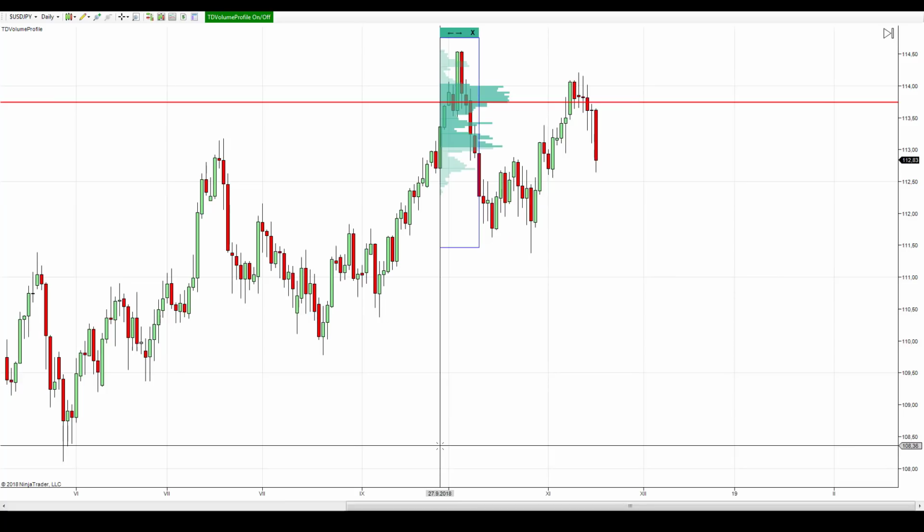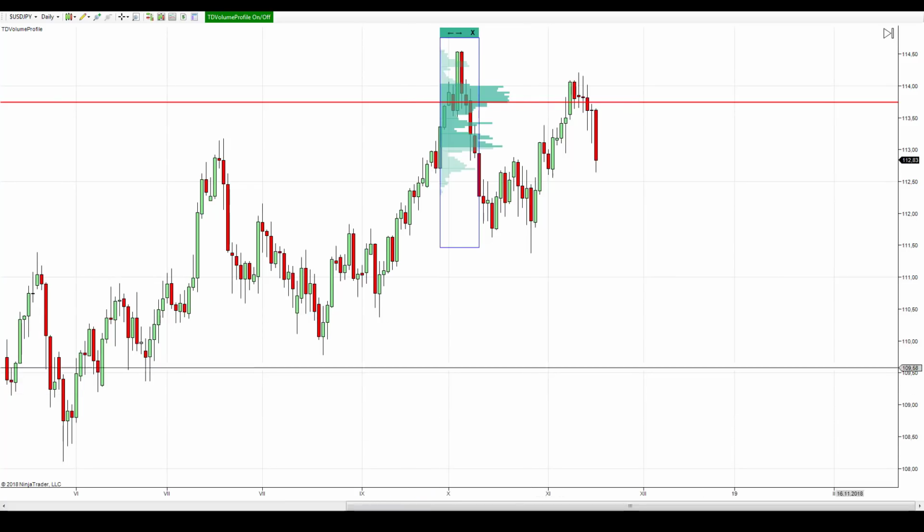And also I want to show you the reaction on the US dollar Japanese yen, because there was a swing short level, and the swing short was based on this rejection of higher prices and this volume cluster created within the rejection. And actually there were two chances to take the profit from this trade.